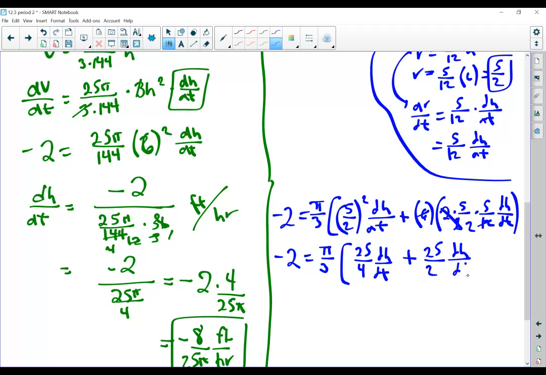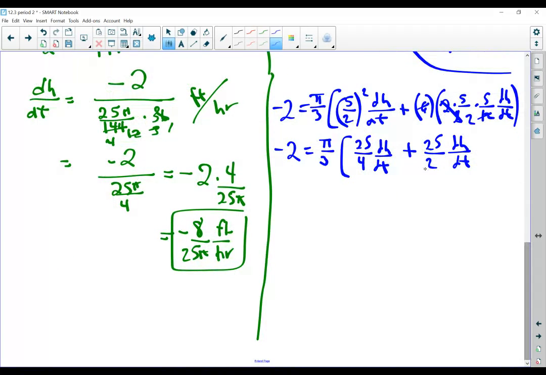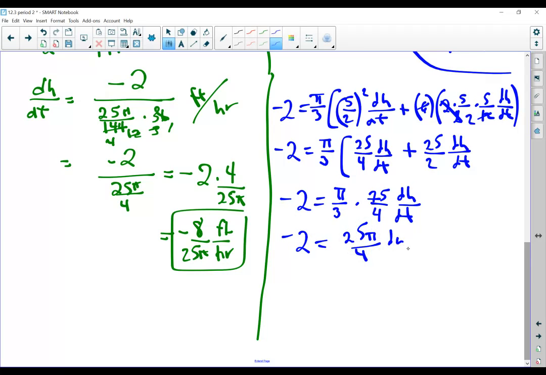I do have like terms here, so I'm going to add those like terms together. -2 equals pi over 3 times, let's see, 50/75 over 4 dh/dt. Now, if I simplify that a little bit more, I get -2 equals 25 pi over 4 dh/dt.